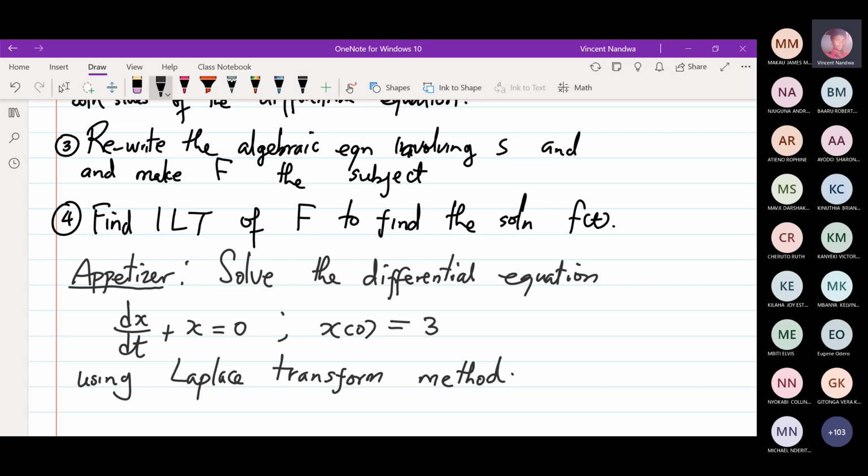I know the problem is too easy. You can get the answer because this is a simple separable differential equation.